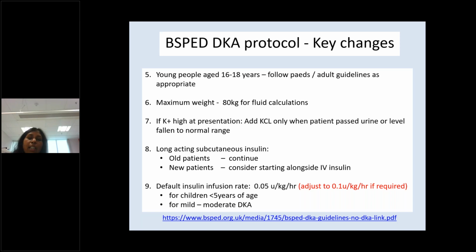However, if these children are not responding, or if their acidosis is not resolving and they are not switching off their ketogenesis, then obviously we can increase their insulin to 0.1 units per kilo per hour.